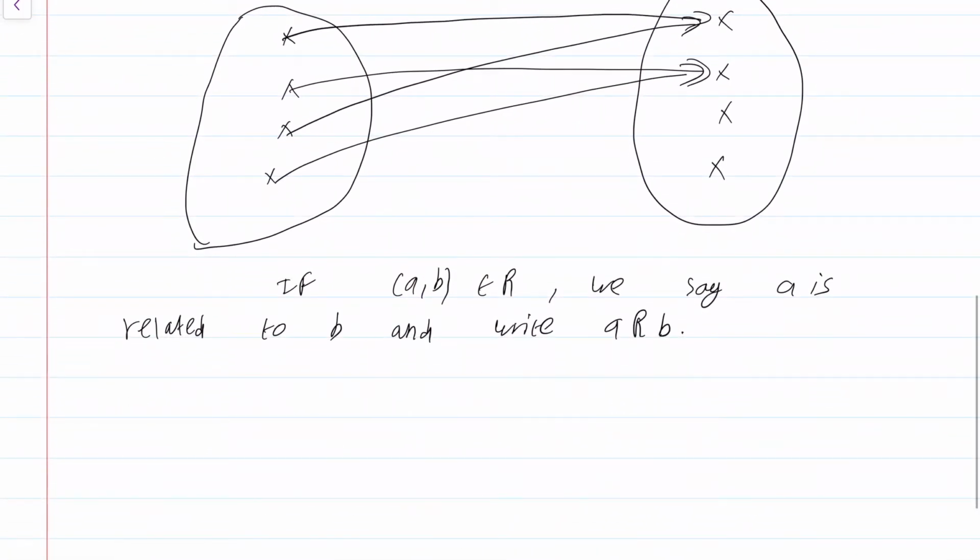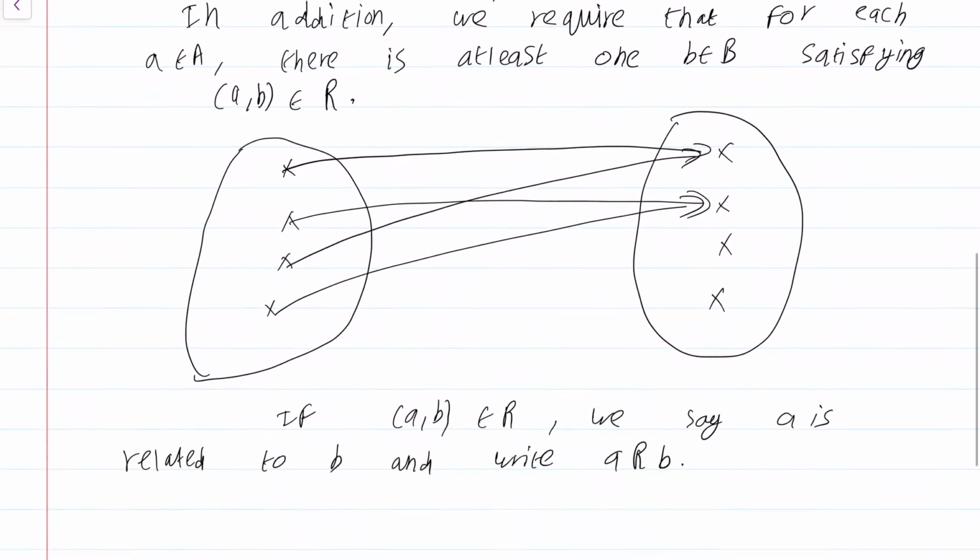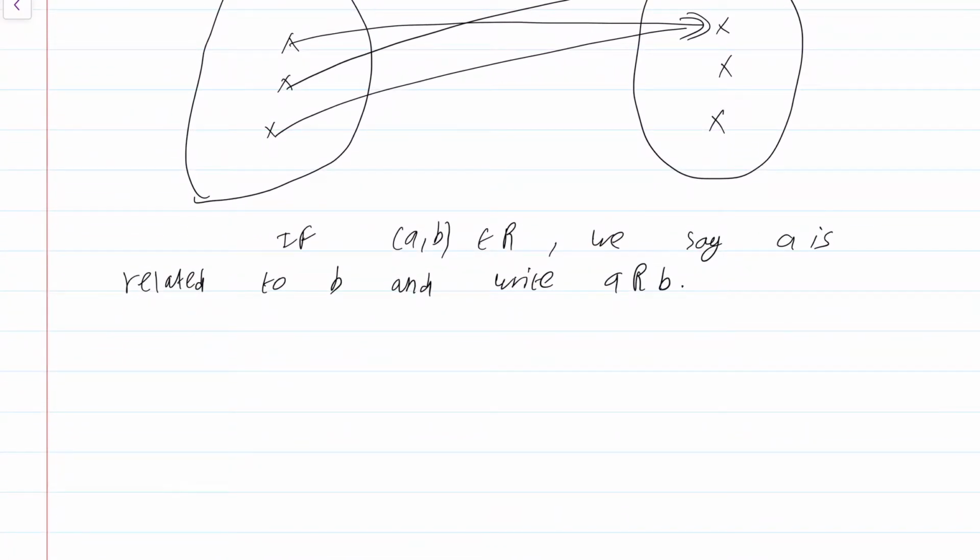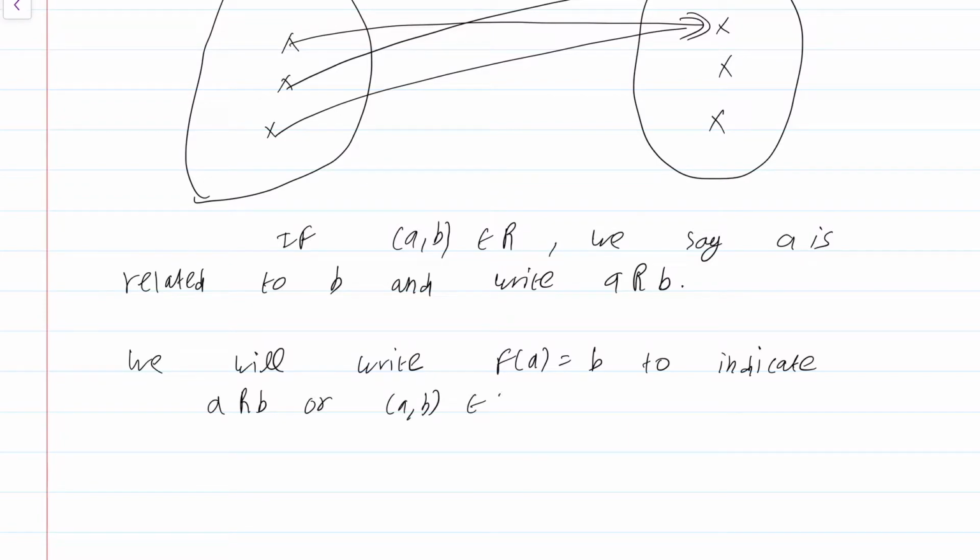So the function is written f from A to B. So we will adopt a different notation for functions. We will write f of a equal to b to indicate aRb or (a, b) is an element of R when R is a function.